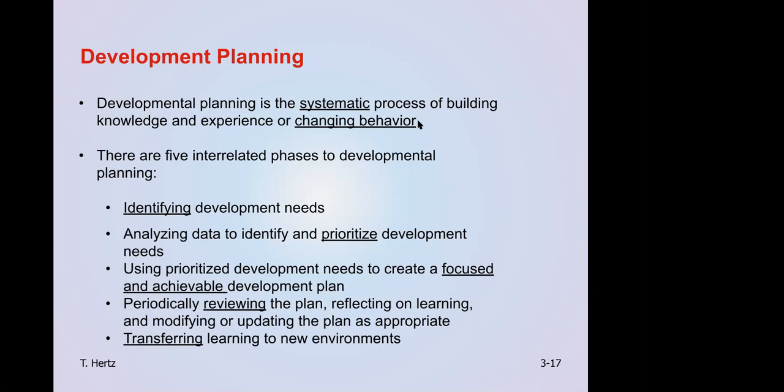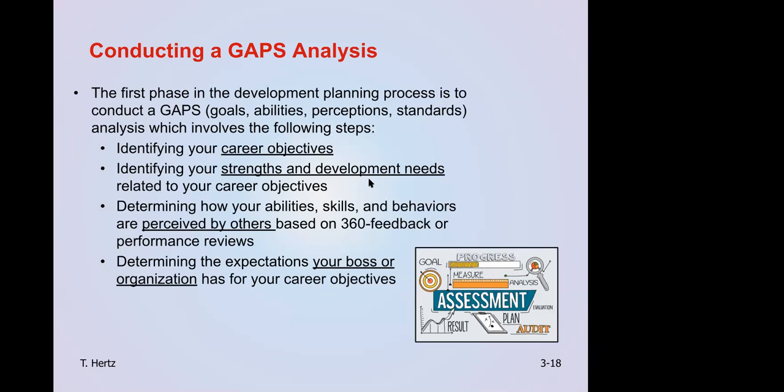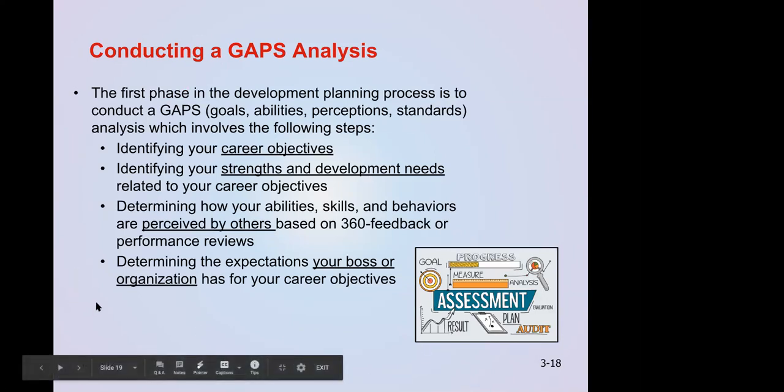And finally, making sure that there is transfer of training, right? TOT. We're actually using what we are working on in our positions. We can do this by creating a gaps analysis.